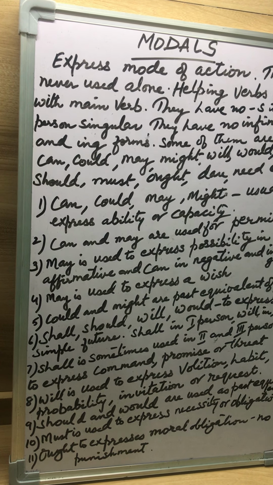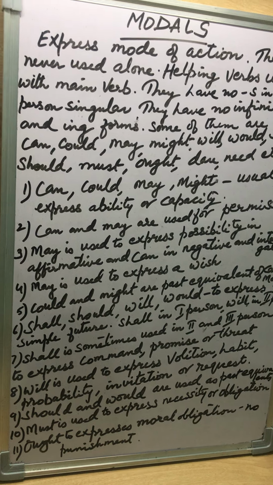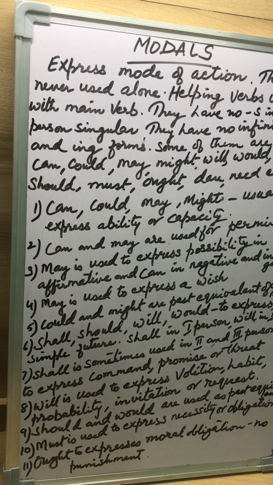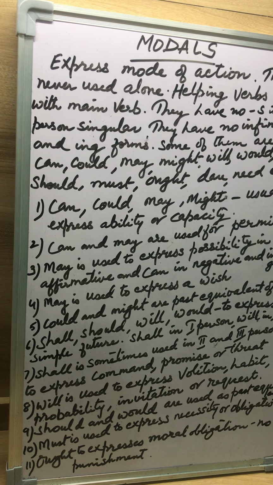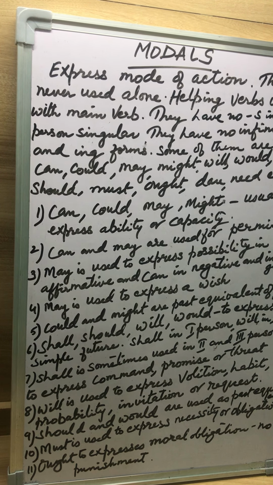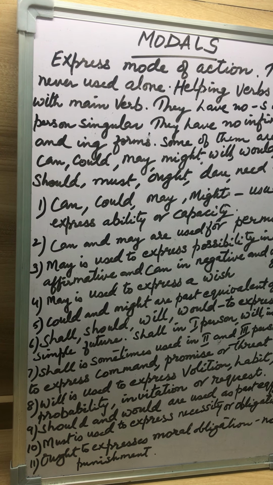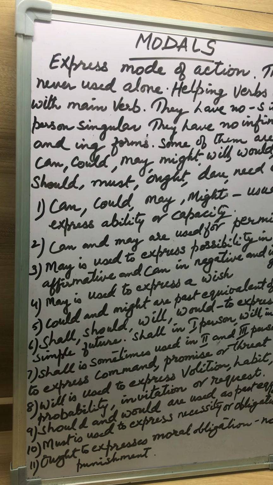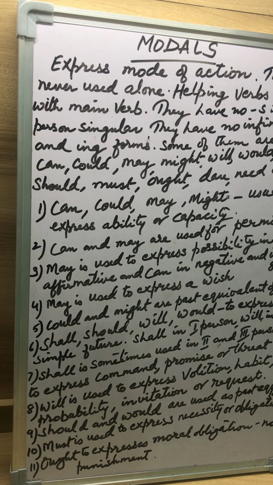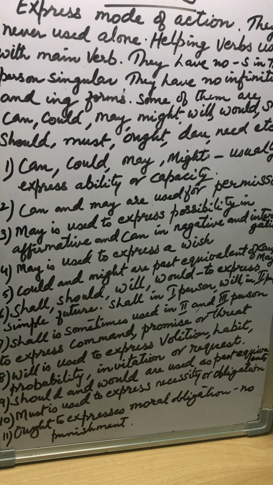So these are used as past forms of may and can. Could in the first example expresses only the ability to do an act, but not the performance of an act. I could swim across the river when I was young.